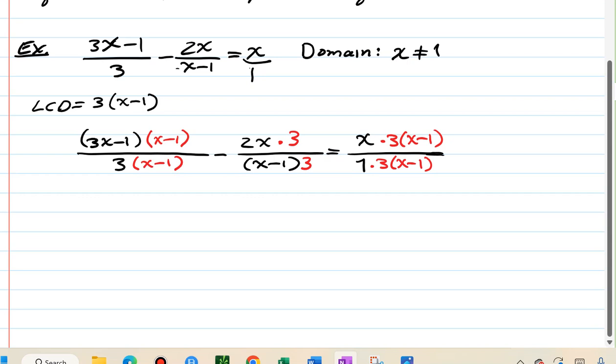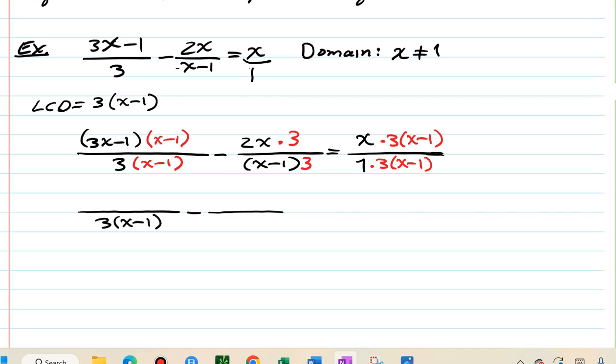Now, once we have built everything to the LCD, we can simplify it. You see how all denominators are the same? No surprise, because that's what the intent was. Now, the first fraction numerator, we've got to FOIL this.